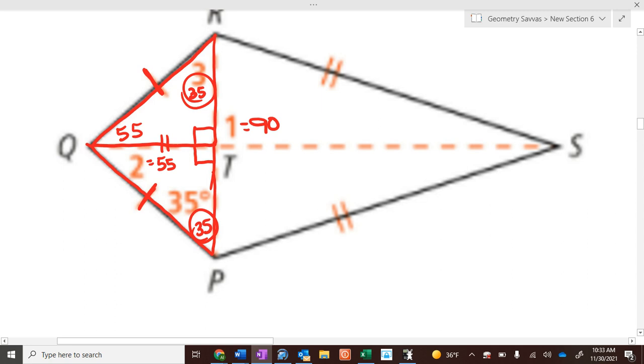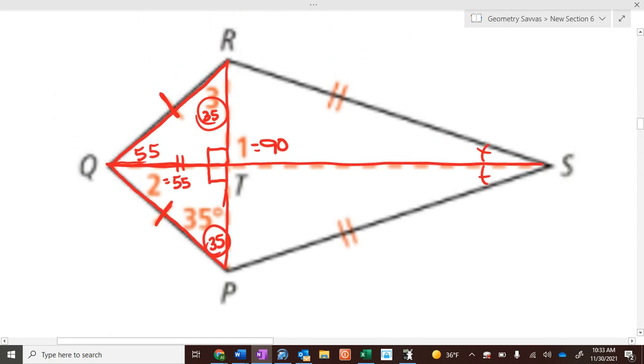Now, does this look like it's 35 right here? No. These angles aren't bisected, but the diagonal does bisect the far angles. So this would be equal to this. So opposite angles are bisected on one set in a kite.